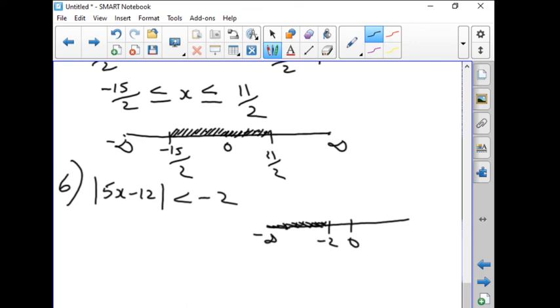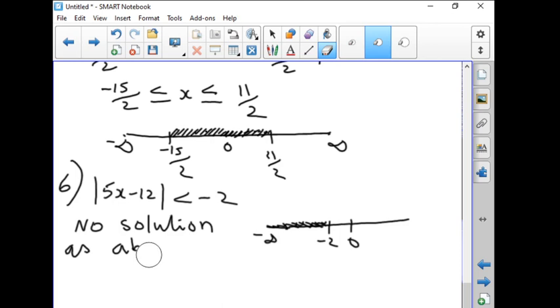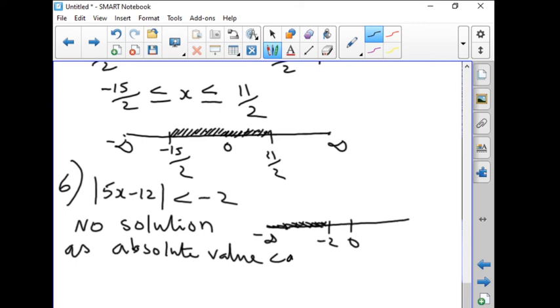Therefore, this inequality has no solution, as absolute value cannot be negative.